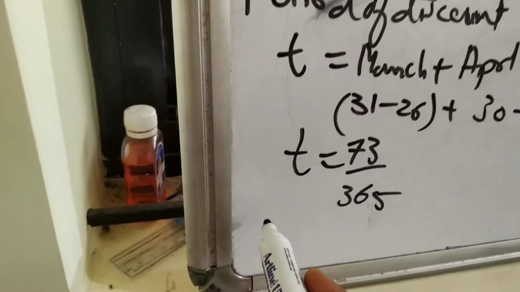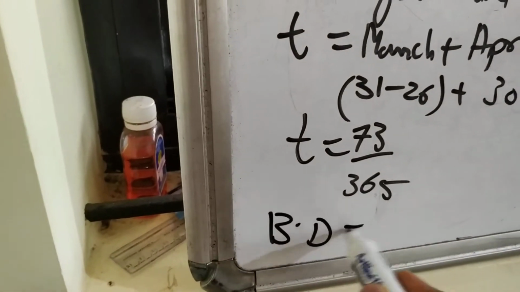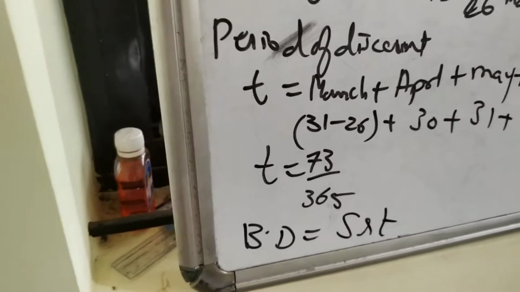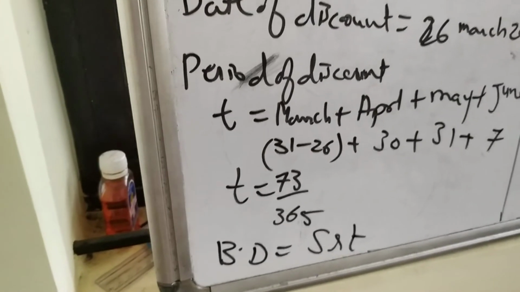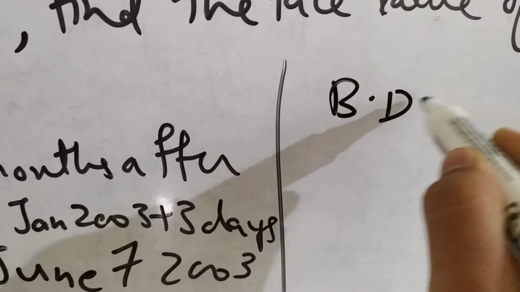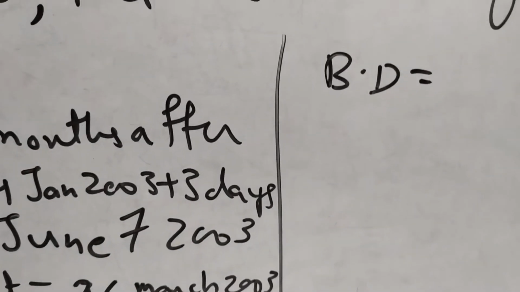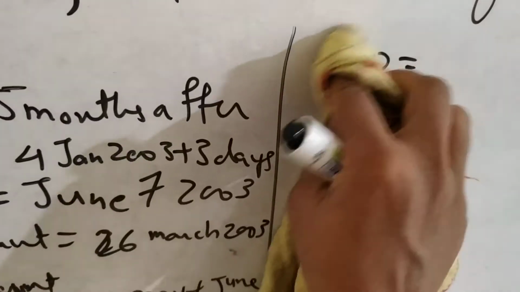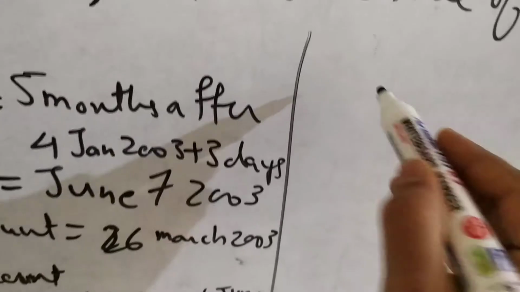And we know the formula of BD as S into R into T. S is the face value of the bill, R is the rate of interest, T is the time period. So let us substitute. We are given BD as 400.